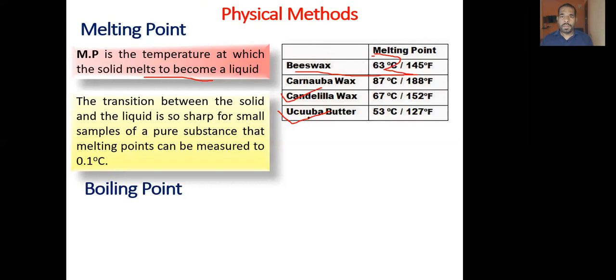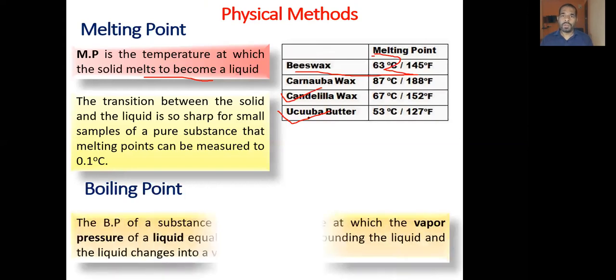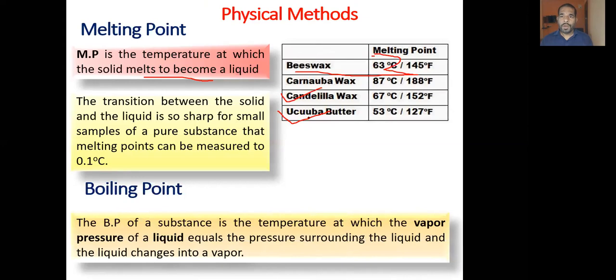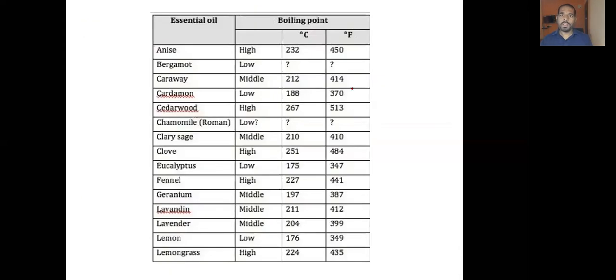Then the boiling point of a particular compound. The boiling point of a substance is the temperature at which the vapor pressure of a liquid equals the pressure surrounding the liquid and the liquid changes into a vapor. On this screen you will see essential oils and their boiling points in degrees centigrade and degrees Fahrenheit.